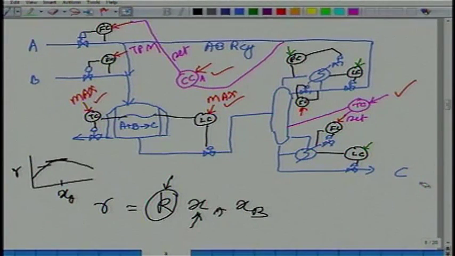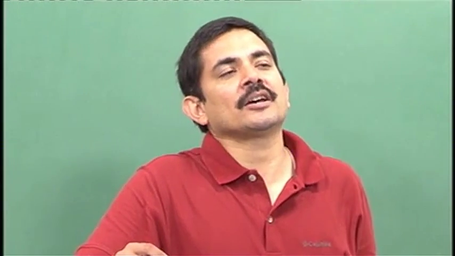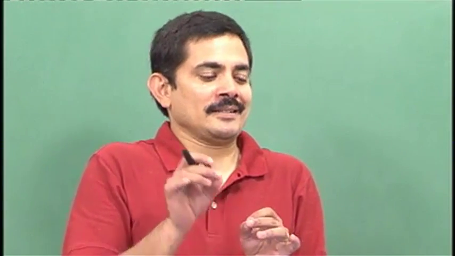So what will happen is the operator will look at what is happening to the composition of A at the beginning of the shift and maybe at the end of the shift, because let us say he gets 2 samples from the lab every 4 hours, let us say an 8-hour shift. So he looks at what's happening to the composition. If the composition of A is increasing, what would he do? He would decrease the amount of A that is being put in. So it is slow, agreed. Nevertheless, this is the only way of running the process.